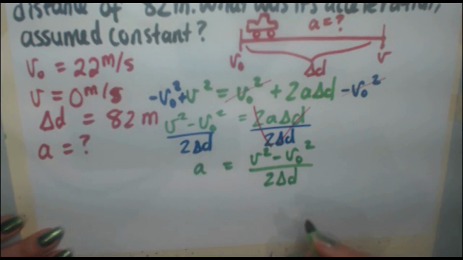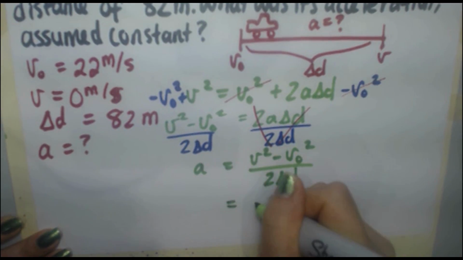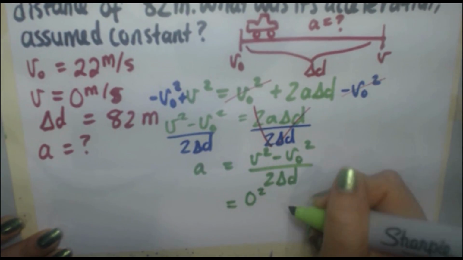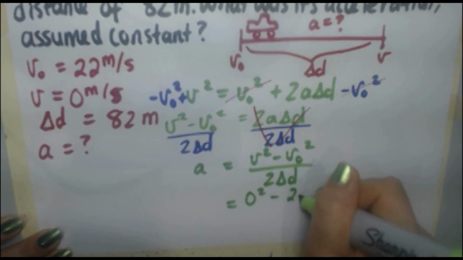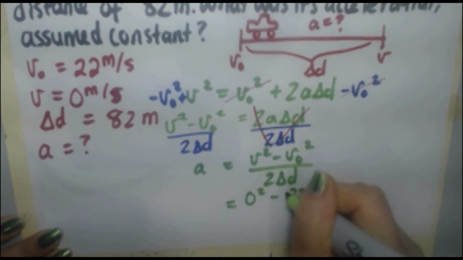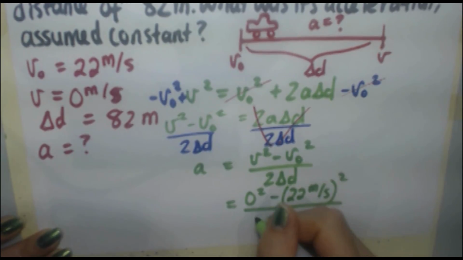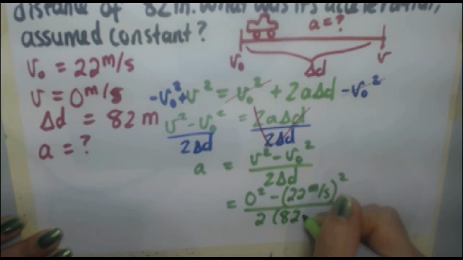The final speed is given to us as 0. So a equals 0 squared minus (22 meters per second), that entire thing squared, divided by 2 times 82 meters.